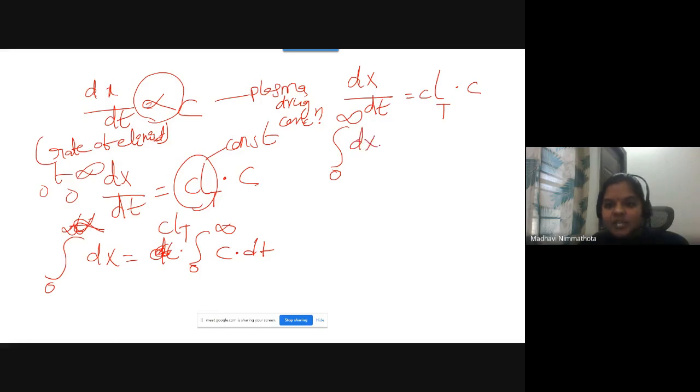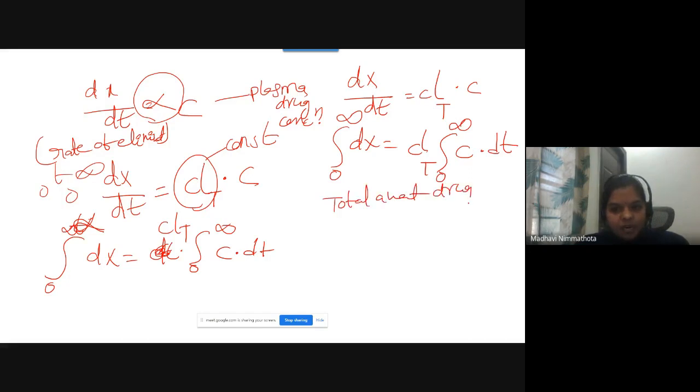Dx is equal to the constant CLT, integration from 0 to infinity, C into dt. Then the total amount of drug eliminated is CLT into AUC 0 to infinity.